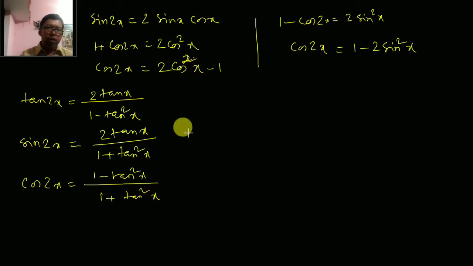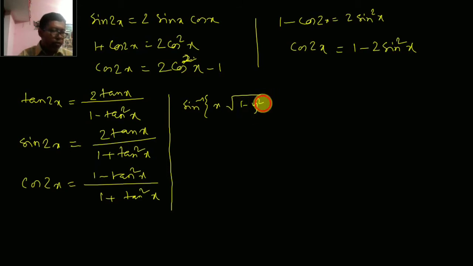Now a few more inverse functions and their corresponding formulae. Sin inverse of x into root over 1 minus y square plus y into root over 1 minus x square. What is the formula? This formula may be of several patterns. First pattern may be sin inverse x plus sin inverse y.